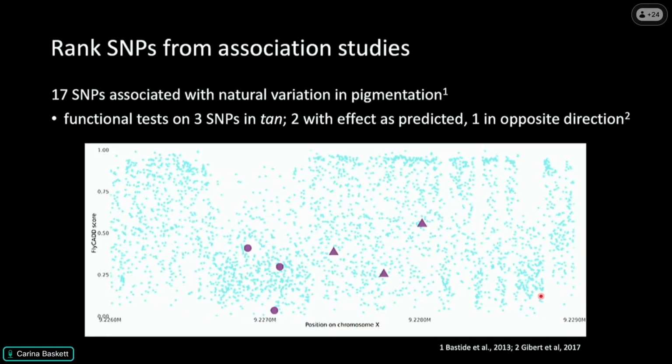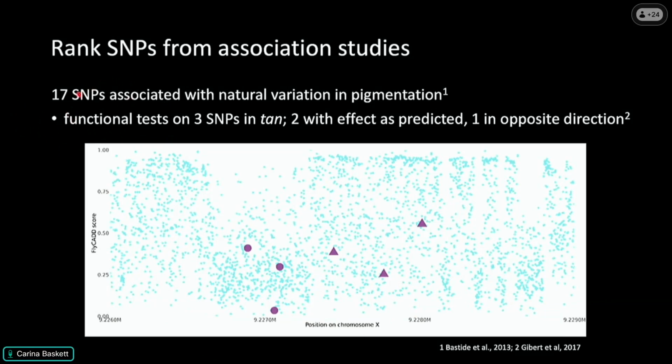Populations differ naturally in pigmentation, and this is also associated with lifespan and fecundity, among others. Also, if you do experimental evolution, you can readily evolve this. And then if you do genomic analysis of this, Bastida et al. came up with 17 SNPs associated with natural variation in pigmentation.